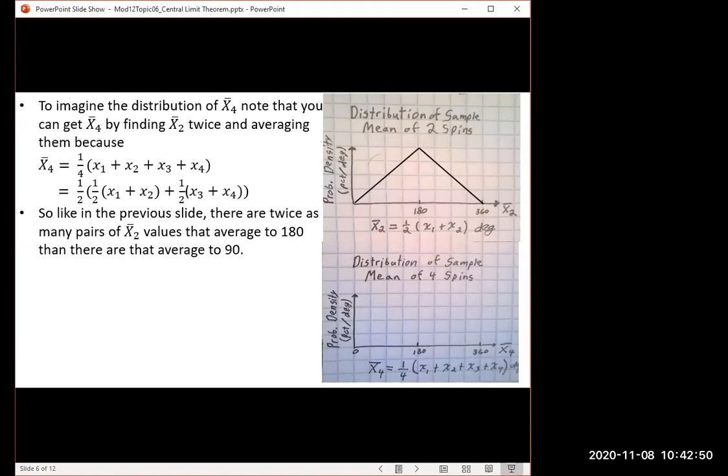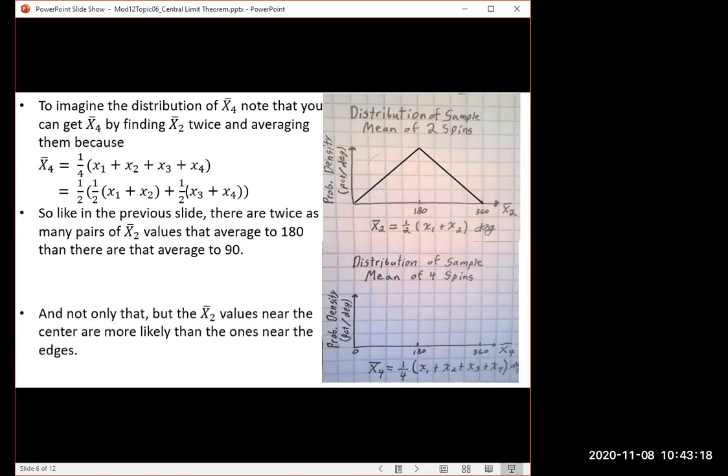Looking at the possibilities, there's twice as many pairs of x bar 2s that'll give you x bar 4 equals 180 in the middle as there are at 90 degrees. So there's twice as many of them that give you a mean in the middle as there is on the edges.